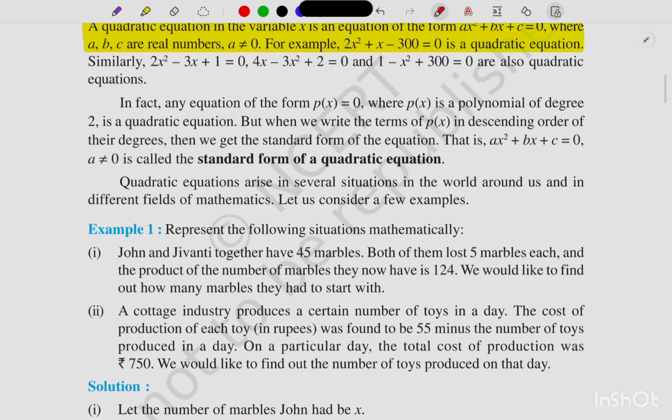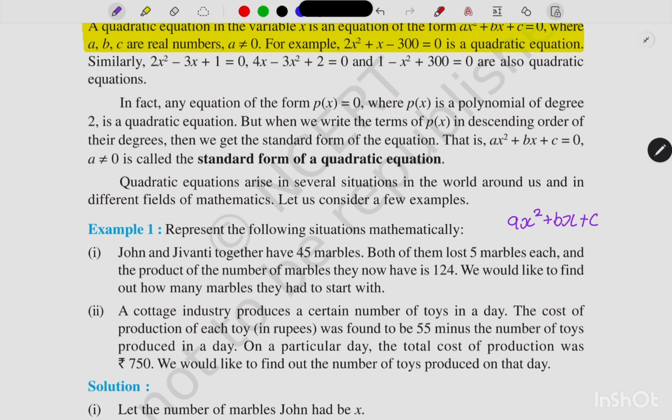Okay, now let's continue. In fact, any equation of the form p(x) = 0, where p(x) is a polynomial of degree 2, is a quadratic equation. Now let's explain what a degree 2 is. If you check an equation, the highest power of a variable is the degree.